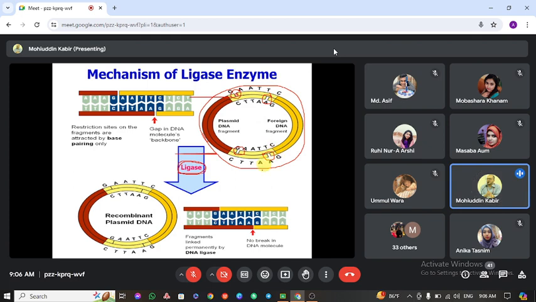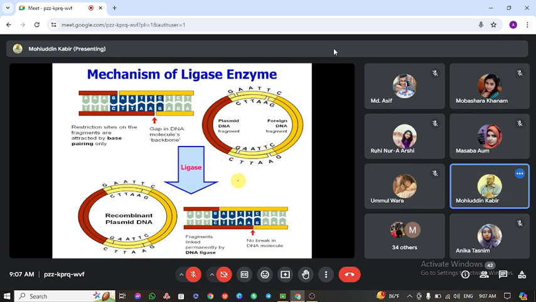Without phosphodiester bond, if this plasmid is inserted into the bacteria, that plasmid will be degraded by the nucleases because they are more vulnerable. Through creating phosphodiester bond, they will not be easily attacked by the nucleases for cleavage. So that's why DNA ligase is required.